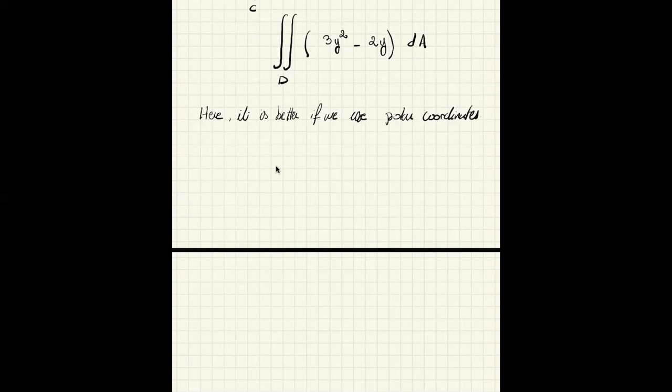So remember that if I have a disk, I need to change the variables. So it's r sine theta squared minus 2 r sine theta. Now r goes from 0 to 2, and theta goes from 0 to 2 pi. And now the area element is dr d theta.